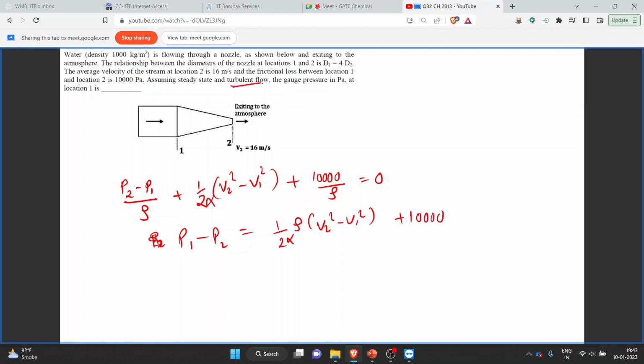Since we have been given turbulent flow, that implies alpha will be 1. Then we can replace the values: rho is 1000, V2 is 16, and V1 was 1, plus 10,000. So this will become 256 minus 1, which is 255.